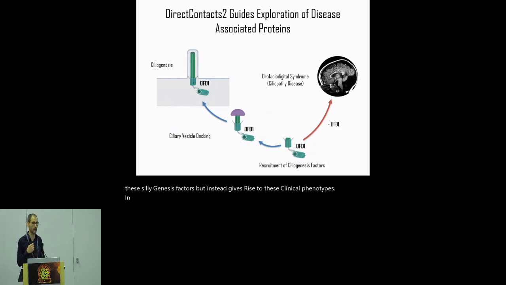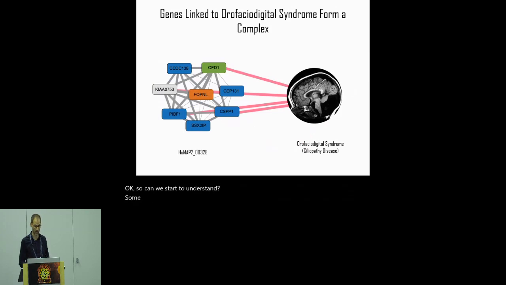So you see a syndrome called oral facial digital syndrome, and I'm showing an MRI of a brain malformation in some of these patients. Okay. So can we start to understand some of these mutations in a structural context? We know that OFD1 is actually part of an oral facial digital syndrome complex. It's predicted by our hu.MAP 2.